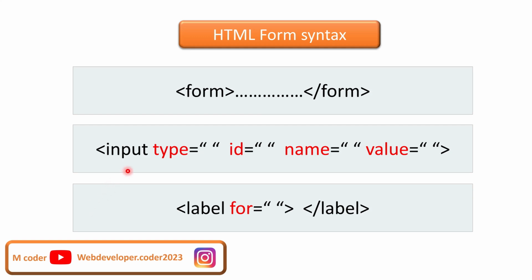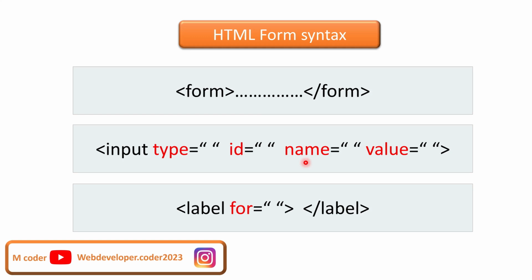Another attribute that inputs have is ID, which is used in connection with label. And another attribute that input has is name. What is its use? When the user enters a name and the submit button is pressed, this information goes to the database and is registered there.